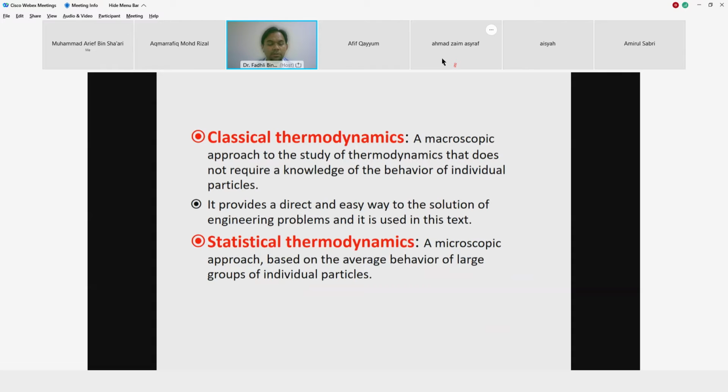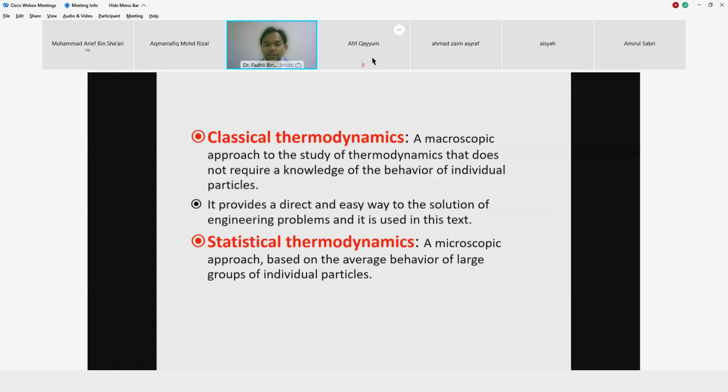So this is the meaning of classical thermodynamics. It is a macroscopic approach to the study of thermodynamics that does not require a knowledge of the behavior of individual particles, which means we do not focus on the individual particle. Individual particle here means atom, molecule, ion, electron.